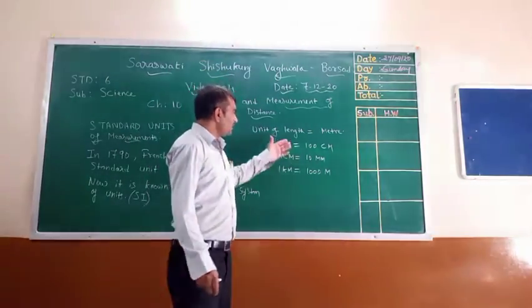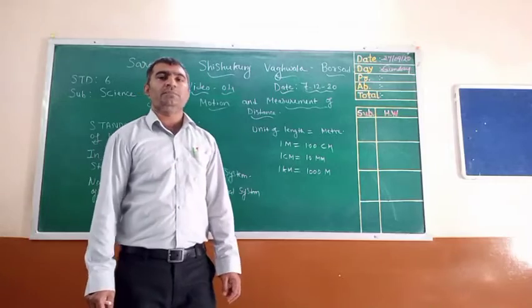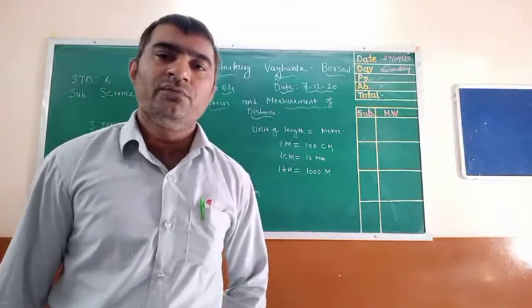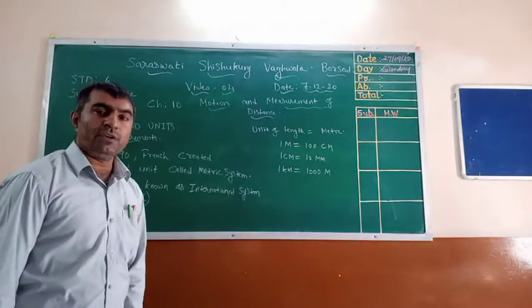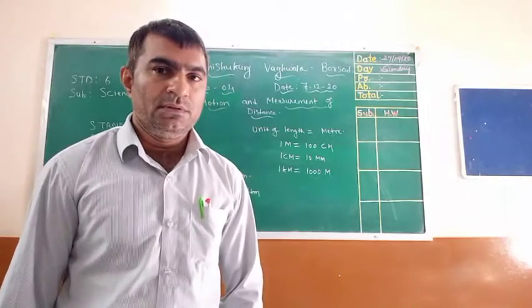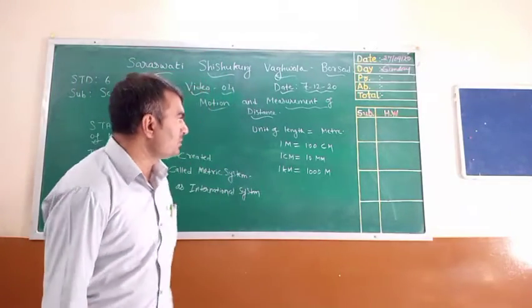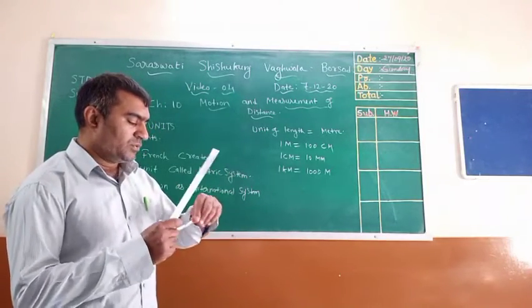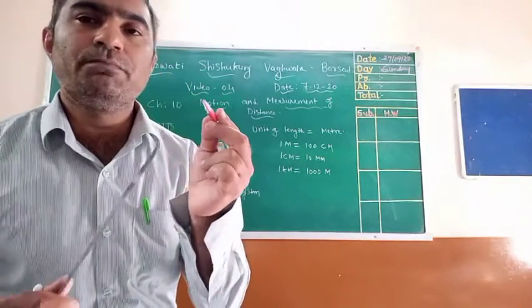So these are the various units used to measure the length of any object or any distance. It depends on the length of the object we have to measure. If we have to measure a small distance, we will use a small length unit. If we want to measure a long distance, we will use multiple units such as kilometer. Suppose you want to measure the point of this pen, we will use millimeter.